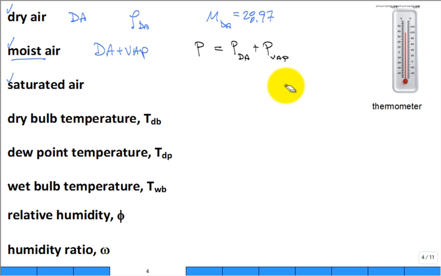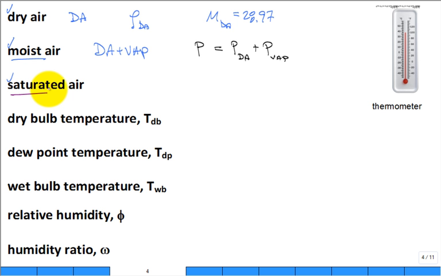All right. Now the next concept is saturated air. This is not hard, but it's stressing you a little bit. What do you know about saturated air? It has the maximum amount of water vapor in it. What happens when you have a little bit more than the maximum? It'll dew out.